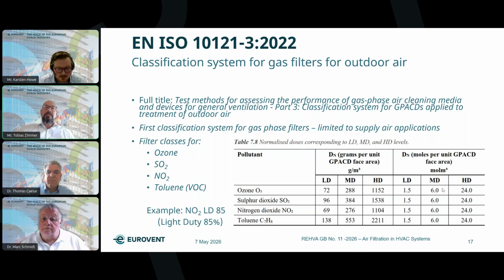And then based on these results, the filter will be classified. So for instance, a filter class could be NO2, light duty, 85%, which tells you the filter would remove 85% of the NO2 for a certain period of time, as it says, light duty for a limited period of time. So let's see how the classification actually works.